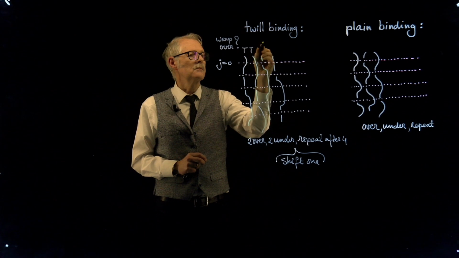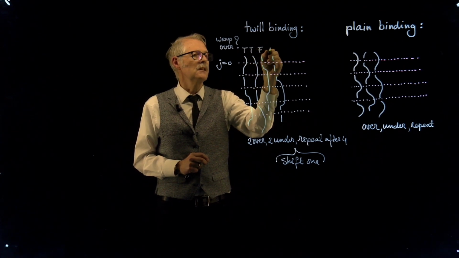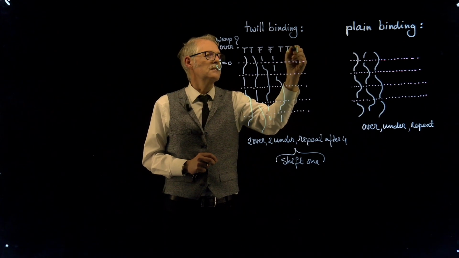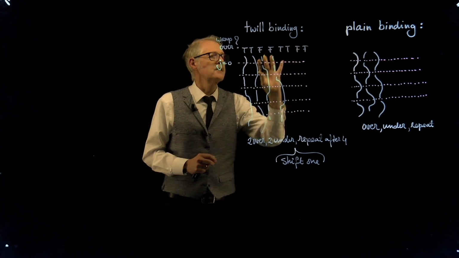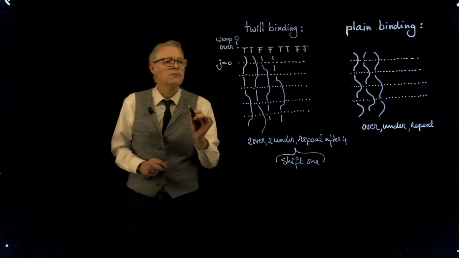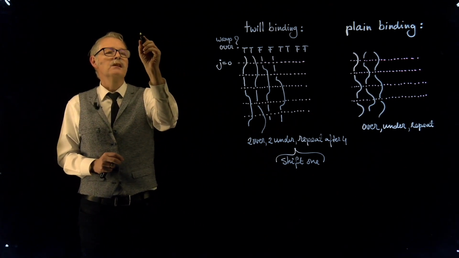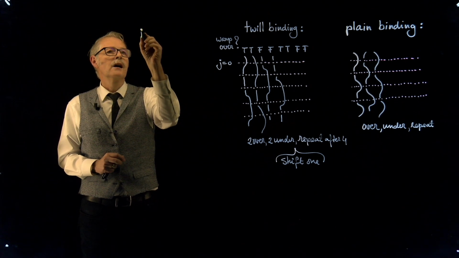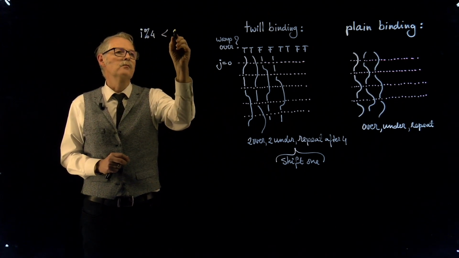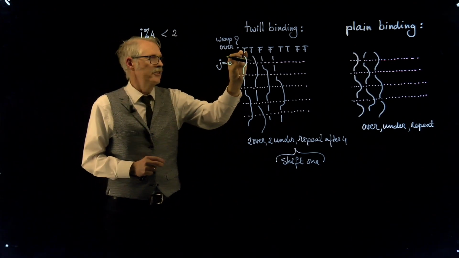Here it goes over, here it does not, here it does not, here it goes over, here it goes over, here it does not, here it does not. So actually this would be easy to capture in the formula. We know that by now. That would be like I modulo 4 less than 2.